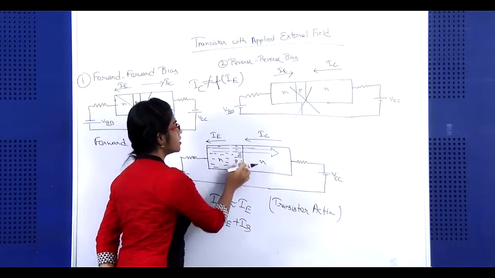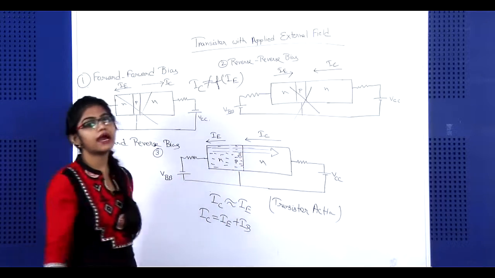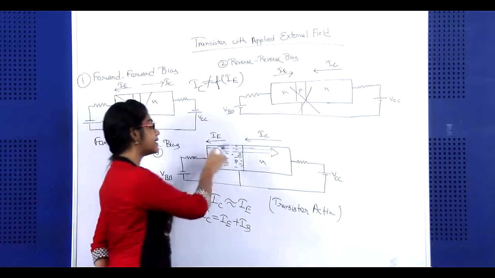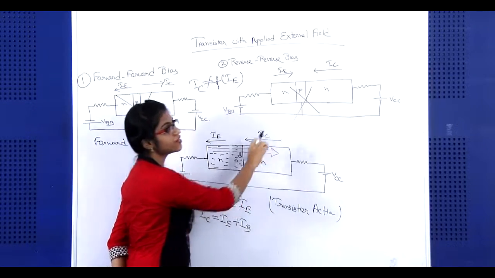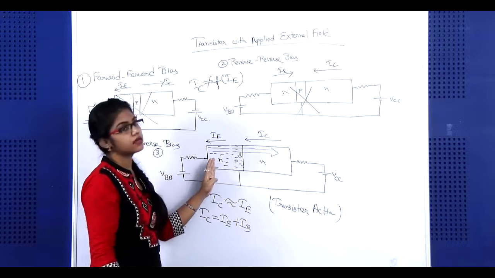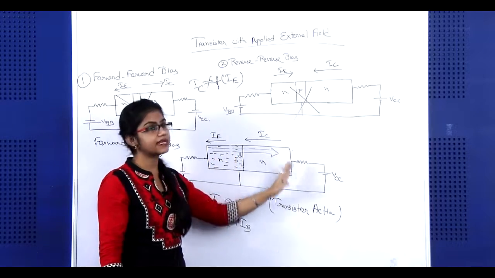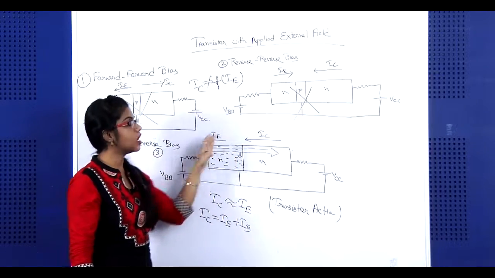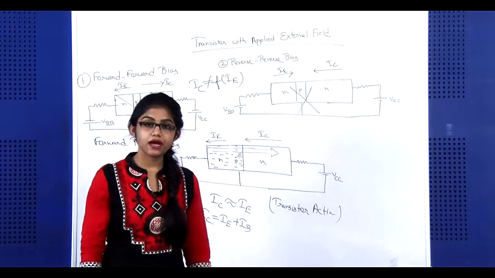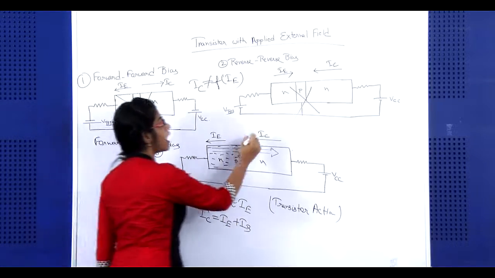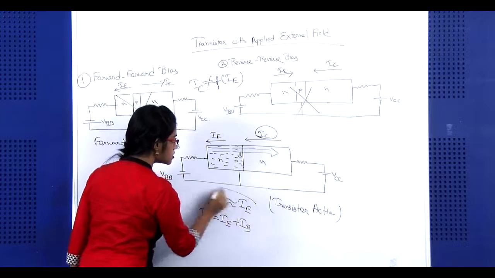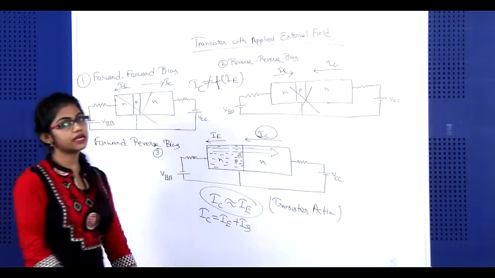A very small amount of electrons will recombine with holes in the P region, but 99% of electrons will diffuse through the P type to the N type, that means from the emitter to the collector region. That is why we get a huge IC current, which is almost equal to the input current IE.